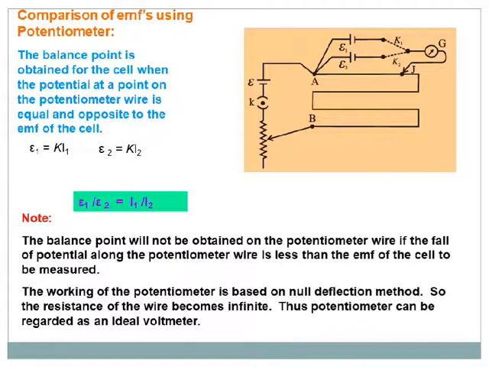That means the negative of E is connected to key K, the negative of battery E1 is connected to K1, and the negative of battery E2 is connected to K2.